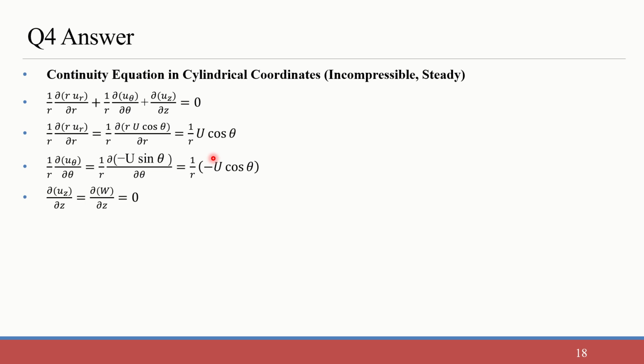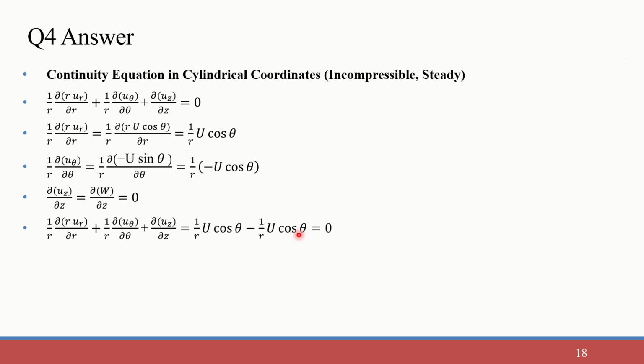And lastly we have dou by dou z of uz. So uz is w, so dou w by dou z. W here is a constant, so this term becomes 0. So substituting back in the original continuity equation, we have 1 by r of u into cos theta minus 1 by r into u into cos theta plus 0.